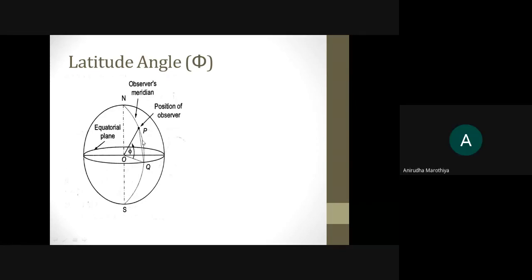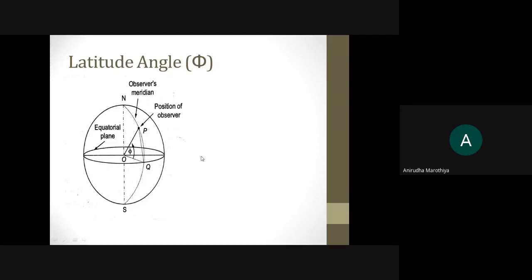Suppose the position of your observer changes, for example it is in the southern hemisphere with the same magnitude. For example, here it is indicating 45 or 50 degrees. Because the position of the observer is in the northern hemisphere, we need to take it positive. If the position of the observer is changed and it is in the southern hemisphere, then we need to take the negative sign.